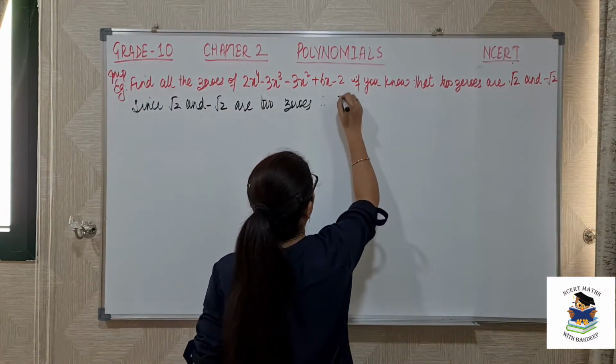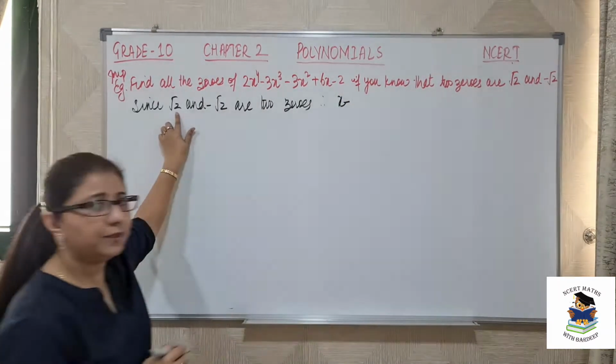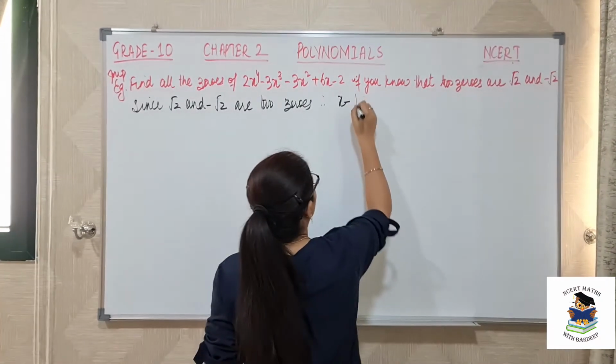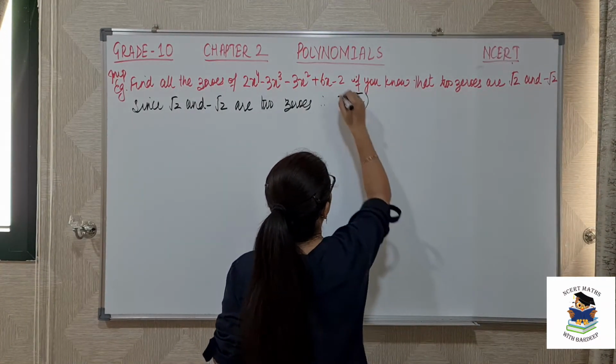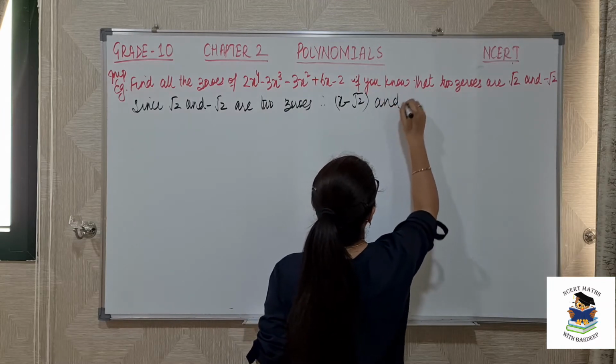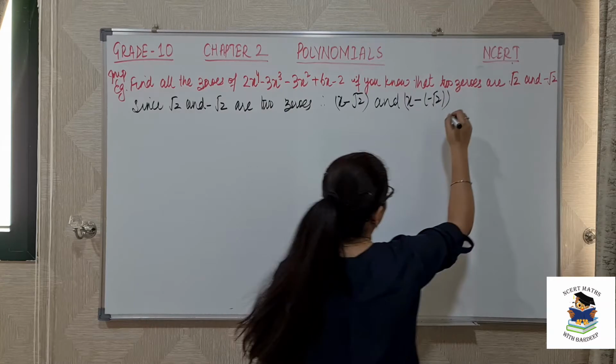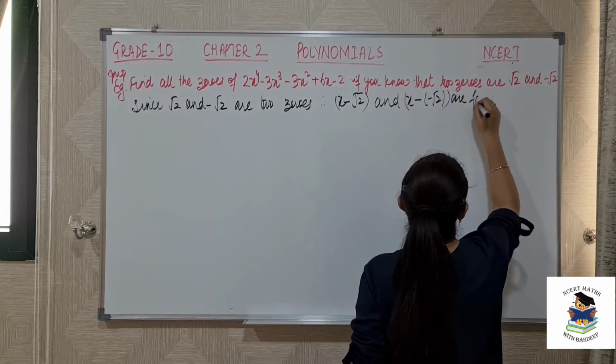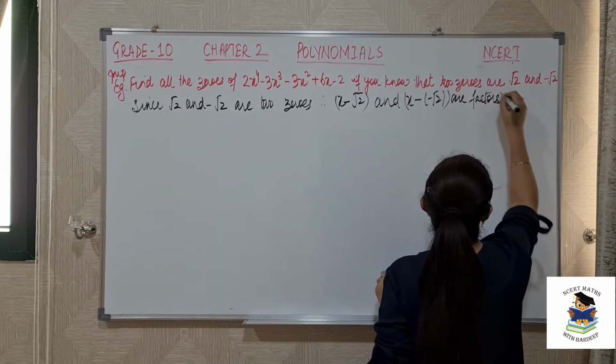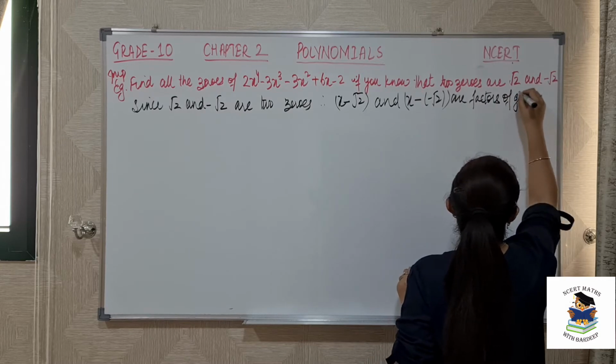Therefore, x minus your first zero, x minus root 2, and x minus of minus root 2 are factors of the given polynomial.